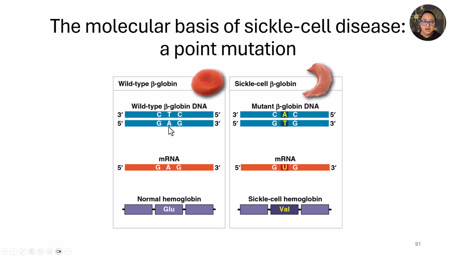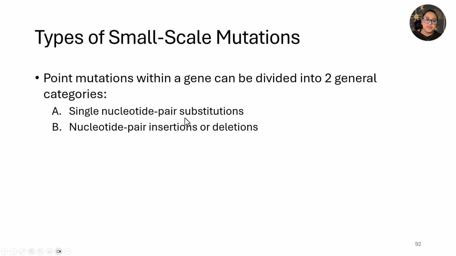Like the GAG, the A is substituted with a T. It's not like anything new was inserted or deleted, messing up the frame. It's just a substitution at that nucleotide pair. That would be a single nucleotide pair substitution. But I'll talk about examples of the other ones.